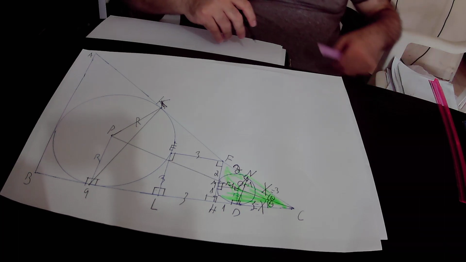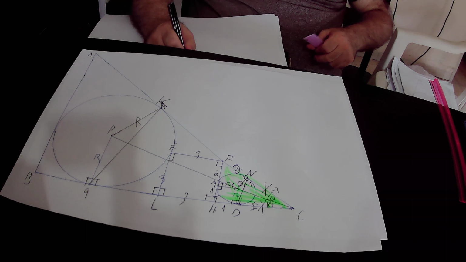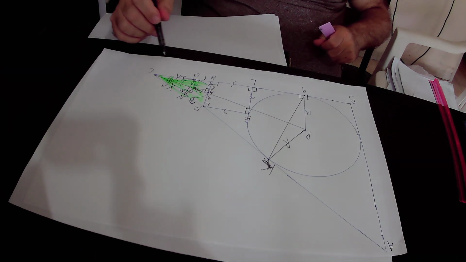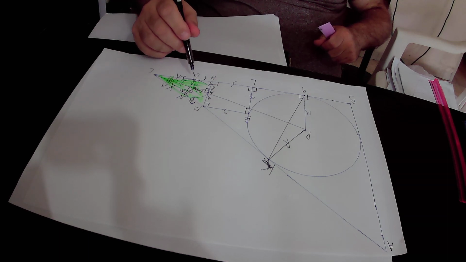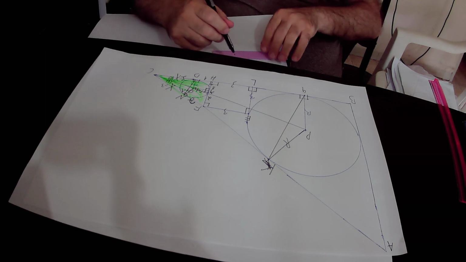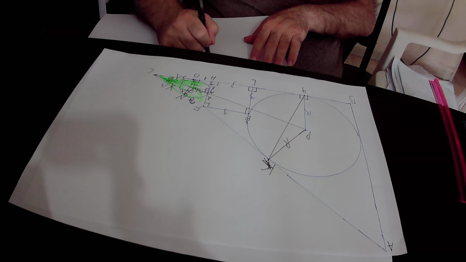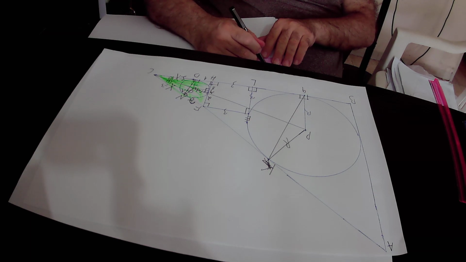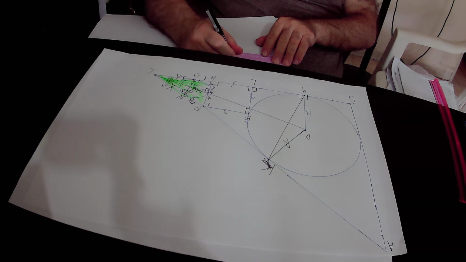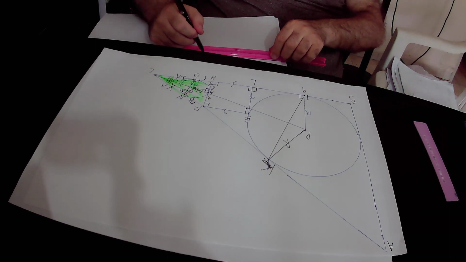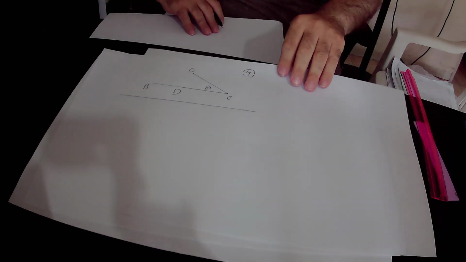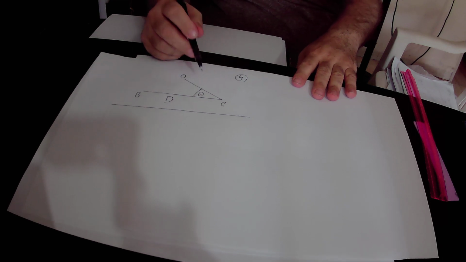So according to our assumption, we have here two angles. Angle DCO is equal to theta.